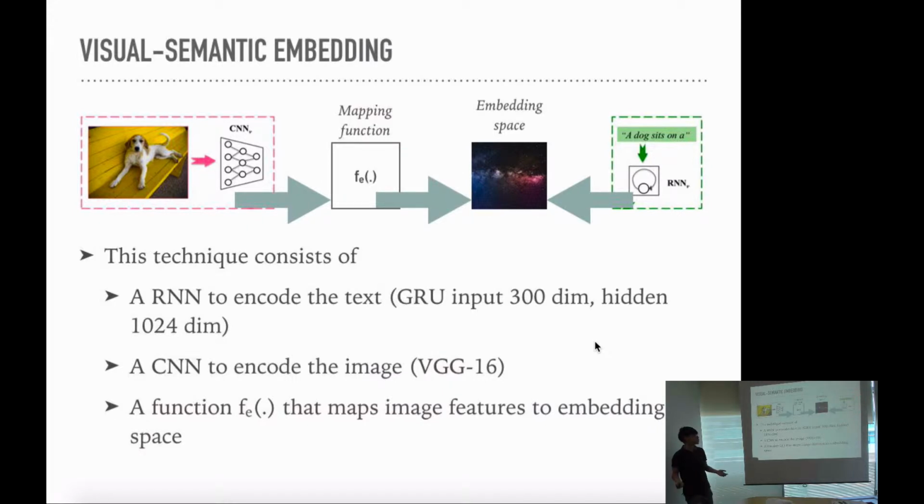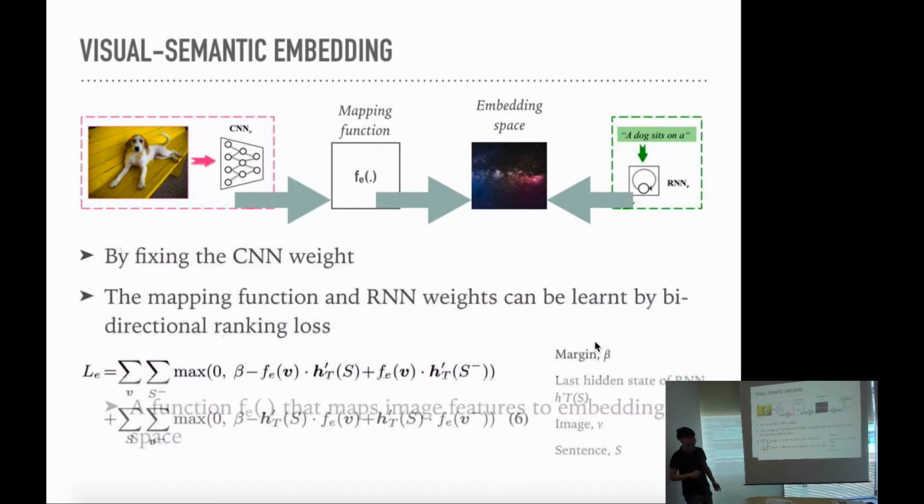How do we train this network? We train it by fixing the CNN weights, and we train only the mapping function and the RNN. Then we use a bidirectional ranking loss to train this network, to map text and images that are similar close to each other in the same space.